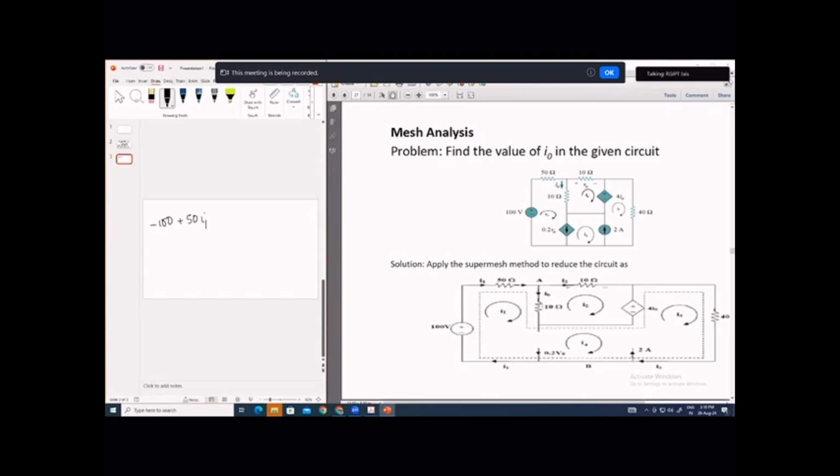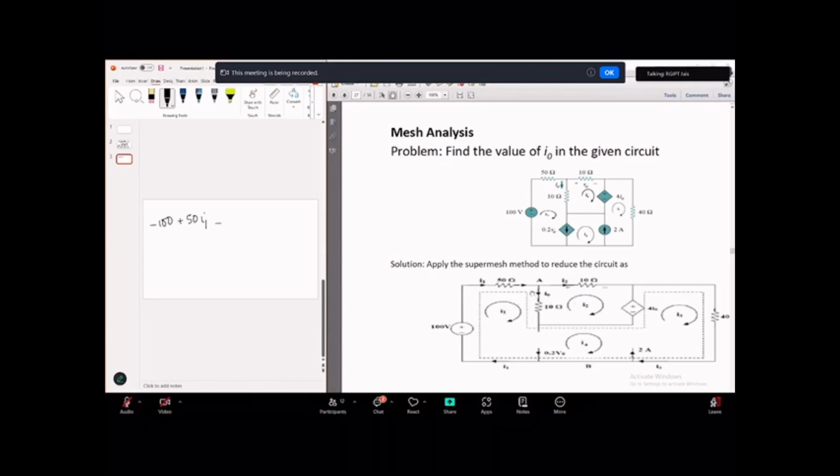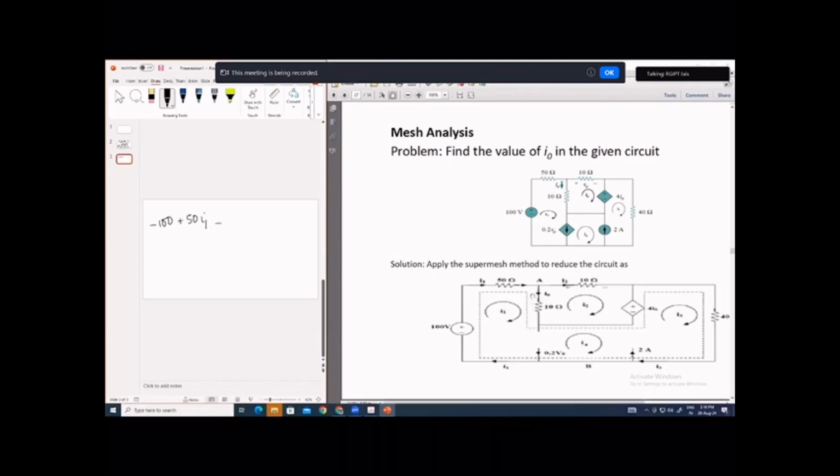The next element is the 10 ohm resistance. In the 10 ohm resistance, both currents are flowing, I1 and I2. But since you are writing it for mesh 1 or the super mesh, we'll consider that I1 is greater than I2. So net current will be flowing in this direction from top to bottom.